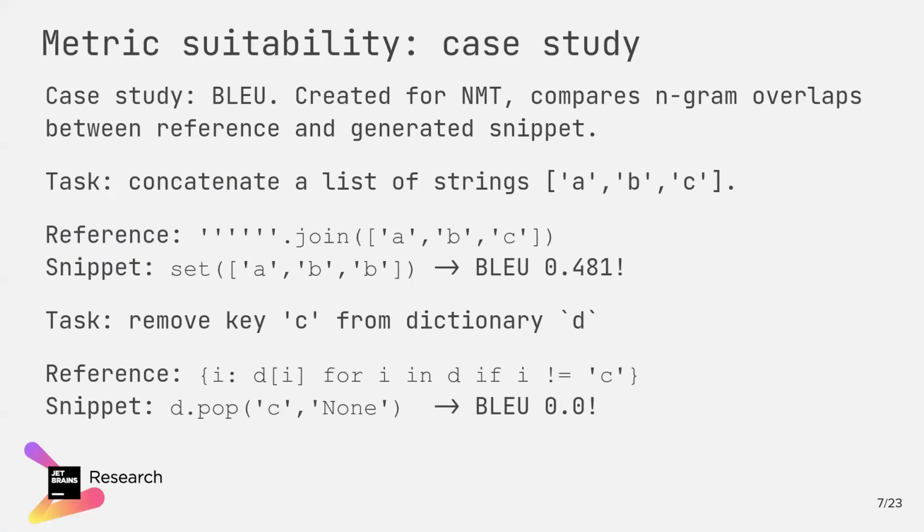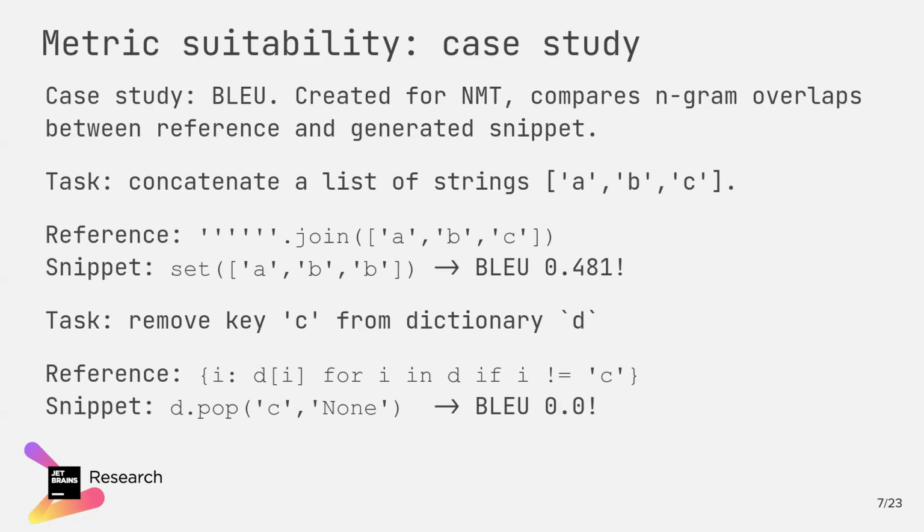For another example, we have a task which is to remove a key C from the dictionary D. We have a reference, and we have a real generated snippet, which just took another way to solve the problem, but it still works. And we see that BLEU gives this working snippet a 0 score, even though the snippet is perfectly fine.